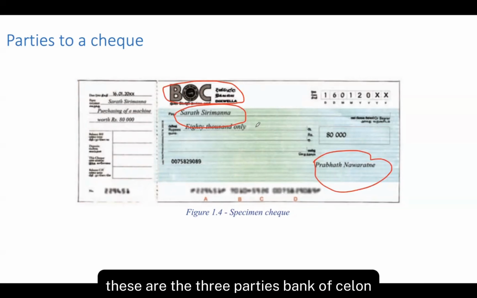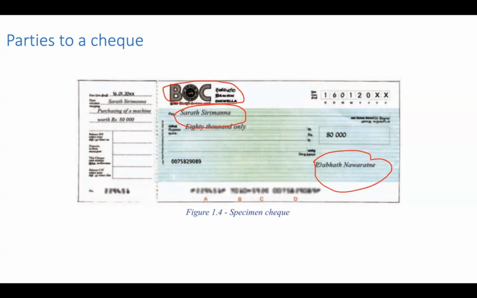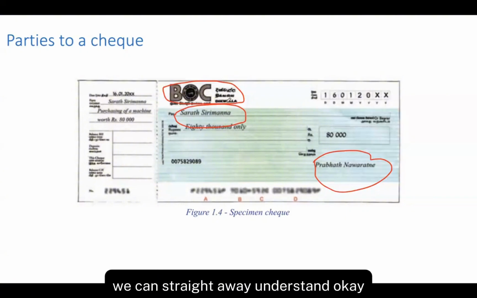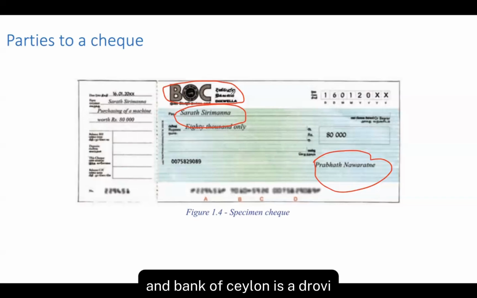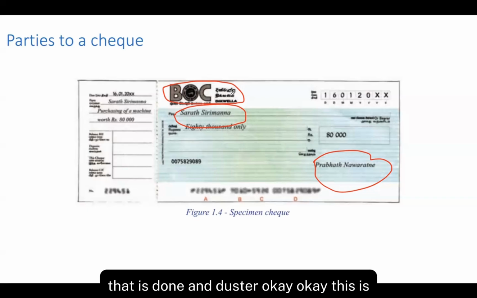These are the three parties: Bank of Ceylon, Sarath Seriman, and Prabhath Navaratna. From the look of this, we can straight away understand this is issued from Bank of Ceylon, and Bank of Ceylon is the drawee, the drawer's bank. That is done and dusted.